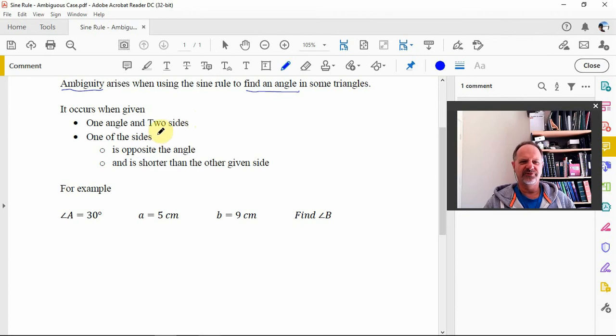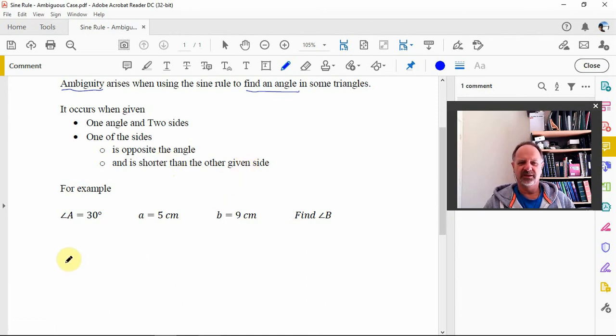Now there are some further geometrical conditions on that. One of those two sides that we've been given is opposite the angle, and it's also shorter than the other given side.